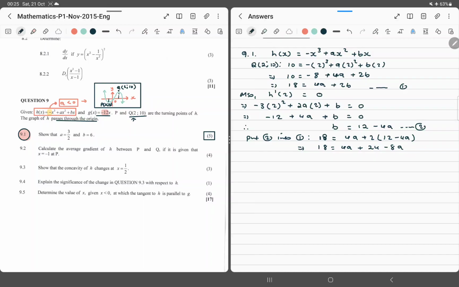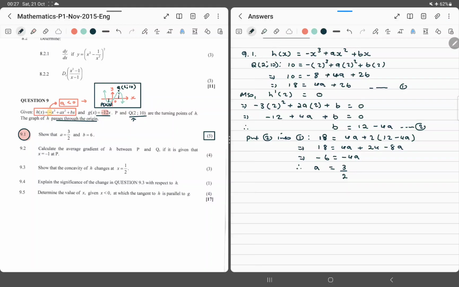Okay, great. Transposing 24 to that side, we have 18 minus 24, which is minus 6, equal to 4 minus 8, which is minus 4a. Therefore, a is minus 6 divided by minus 4, which is basically 3 over 2.